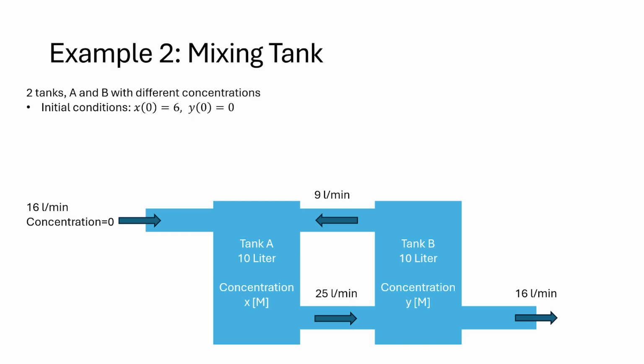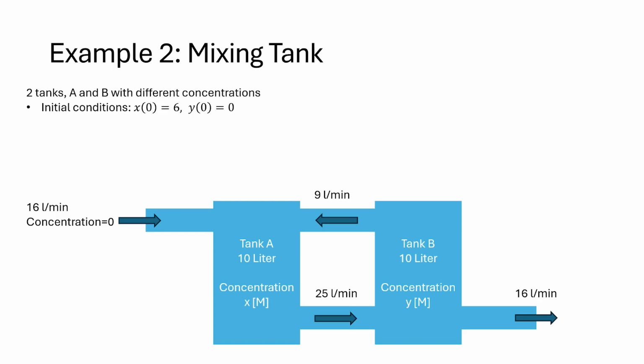And so going out of tank A is 25 liters per minute into tank B. And then coming out of tank B back into tank A is 9 liters per minute. And then 16 liters per minute completely leaves the system out of tank B. So this is a pretty kind of not defined problem initially.